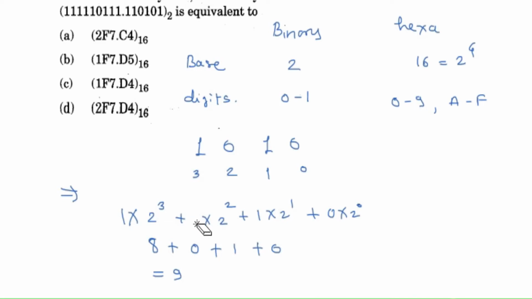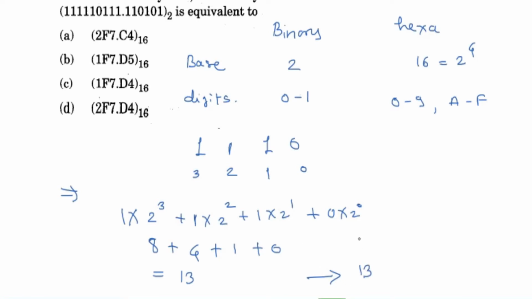Now instead of this, let's say the number is 1 1 0 1. This value becomes 4, and 8 plus 4 will be 12, and 1 will make it 13. So this is the decimal value. In hexadecimal we can convert 13 as follows: A is 10, B is 11, C is 12, and D is 13.